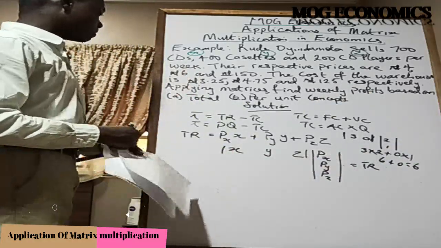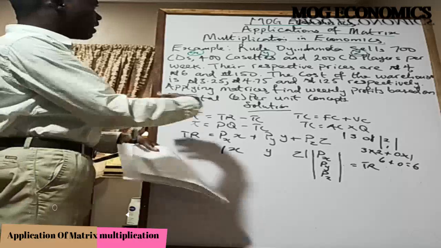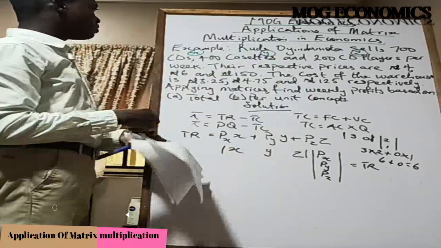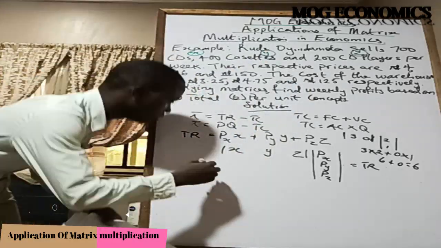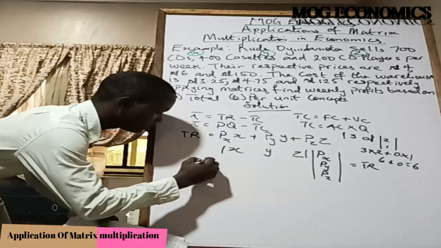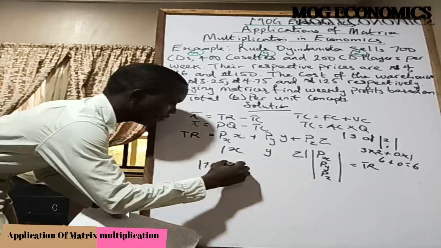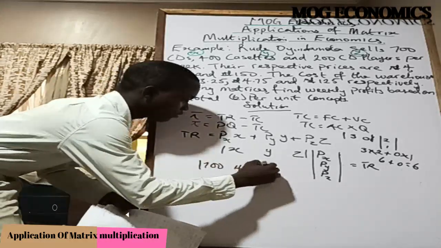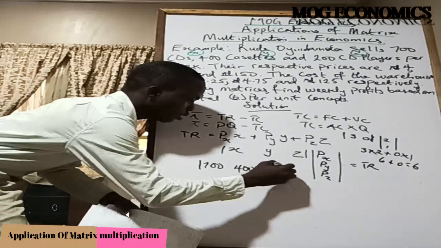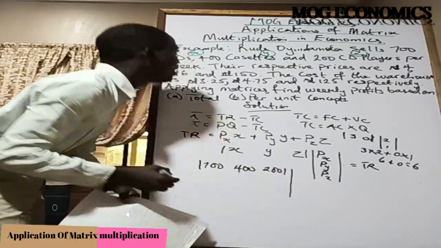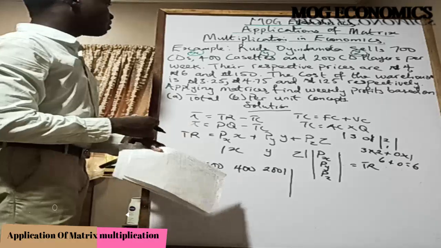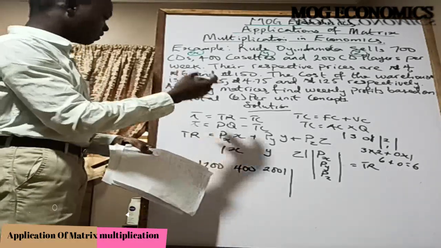All right, so then what is x? Now begin to look at it. X is the quantity, so you have 700, 400, and 200. All of this is multiplied by their respective prices: 4, 6, and 150.